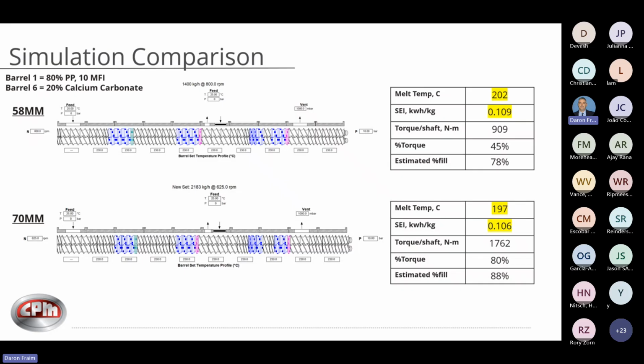So you can see I ran 1,400 kilograms per hour at 800 RPM on the 58, I ran 2183 at 625 on the 70. And you can see here, I'm a little less filled on the 58, so I should have a little higher energy input. And you can see I do get a little bit higher SEI. I'm a little lower on the 70 at 0.106 with a little lower melt temperature because of that higher filled condition.